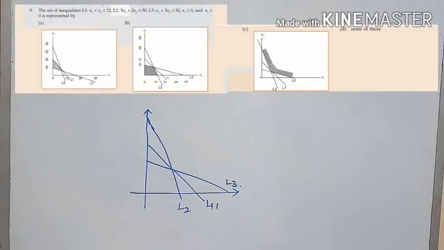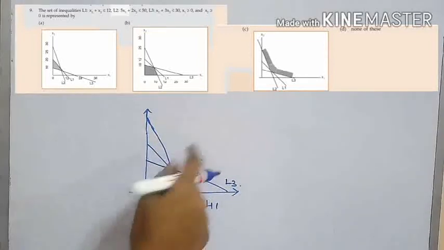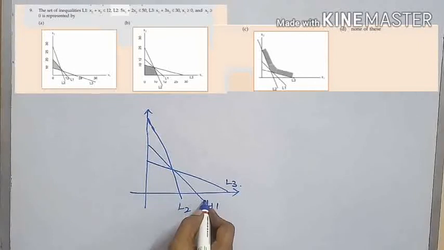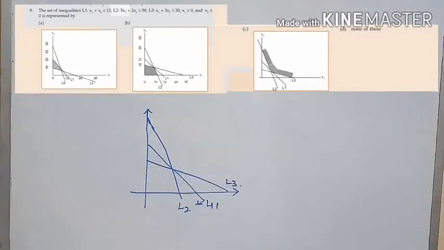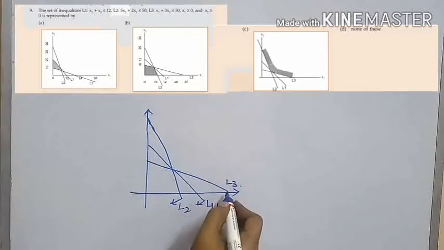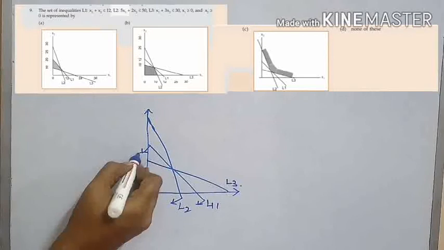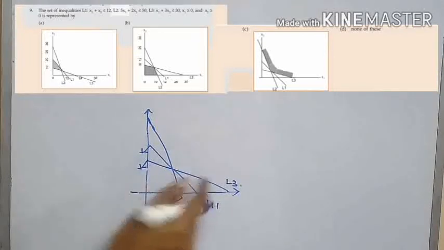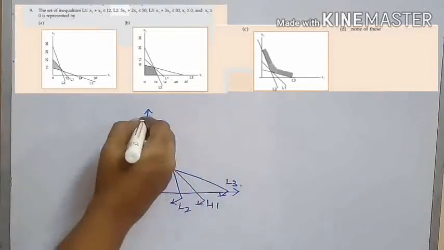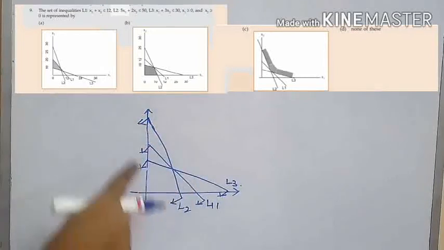The set of inequalities L1, L2, L3 and x1 greater than or equal to 0, x2 greater than or equal to 0 is represented by, and the graphs are given. Here all the three equations L1, L2 and L3 have the inequality symbol less than or equal to.